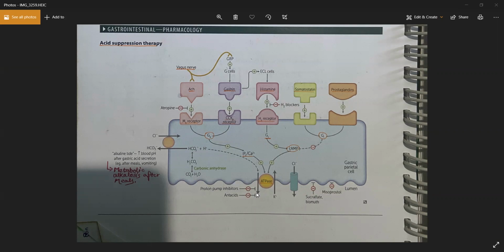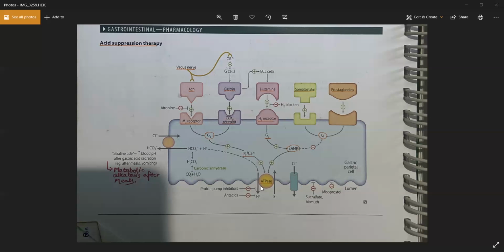So you have the hydrogen, and the chloride will come in and, from the chloride channels, will efflux out of the gastric parietal cells into the GI lumen, right? And there the H plus will combine with the chloride to form HCl, right? That's how the production of HCl happens.